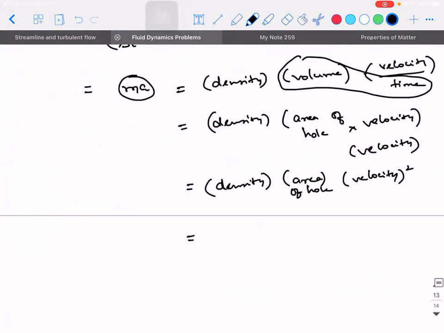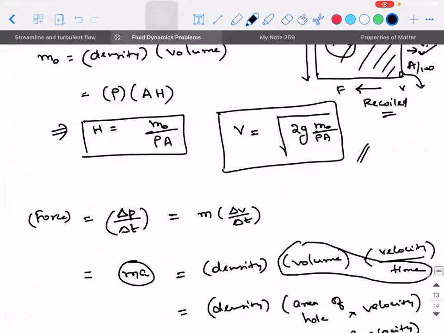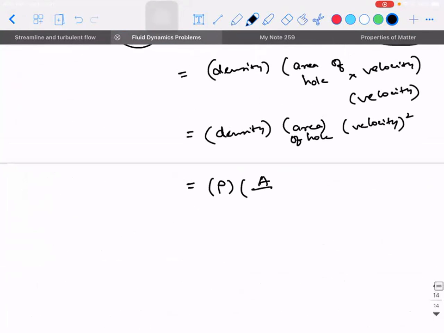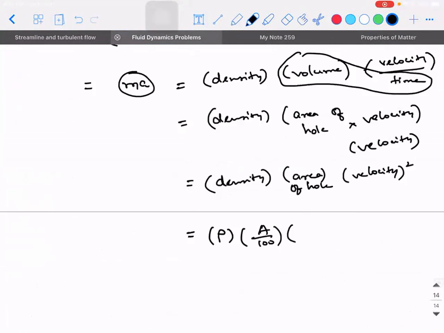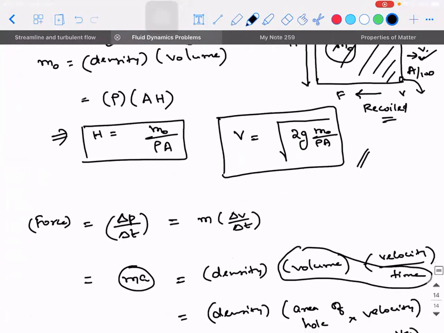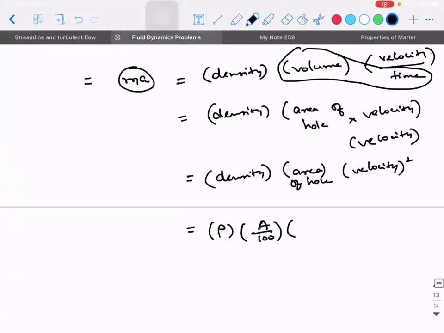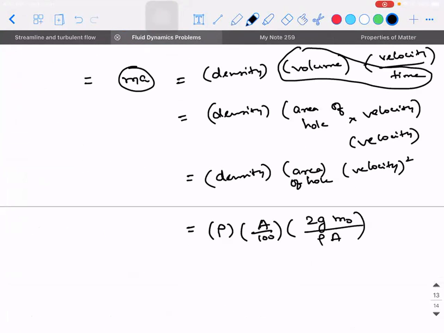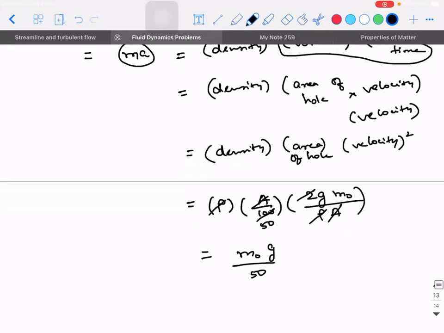So, what is the value of density? Density is given in the problem. Area of the hole is capital A divided by 100. That is also given. What is the velocity square? This value, that is 2g m naught divided by rho into A. A and A will get cancelled. This will go 50 times. Rho is also gone. So it will be m naught g divided by 50. This is the force.